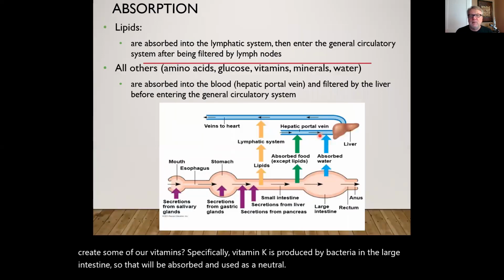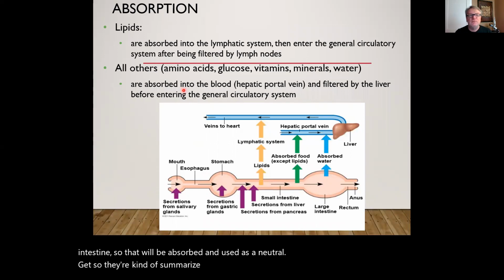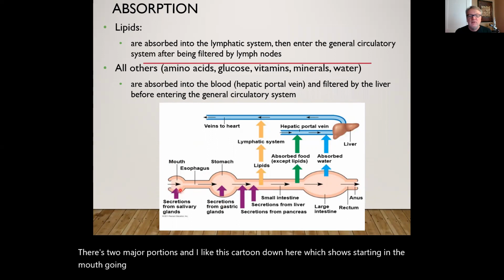Okay. So to summarize this portion of absorption, there's two major portions, and I like this cartoon down here, which shows, starting in the mouth and going to the anus, the different compartmentalizations that occur. The purple areas indicate the secretions that come from the salivary gland.